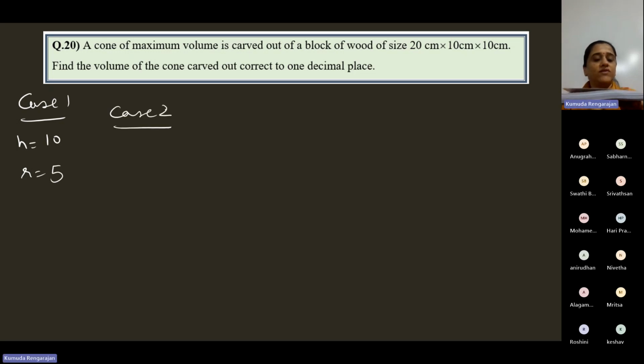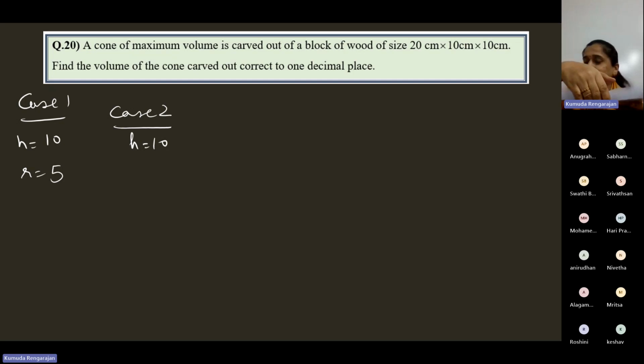Case 2: we finished top and bottom. Now we'll do front and back. What will be the height of the cone? You're pulling the cone like this, so this will be the height of the cone. What's the height? 10. Height is 10. And from where are you getting the cone? From the front and the back face.